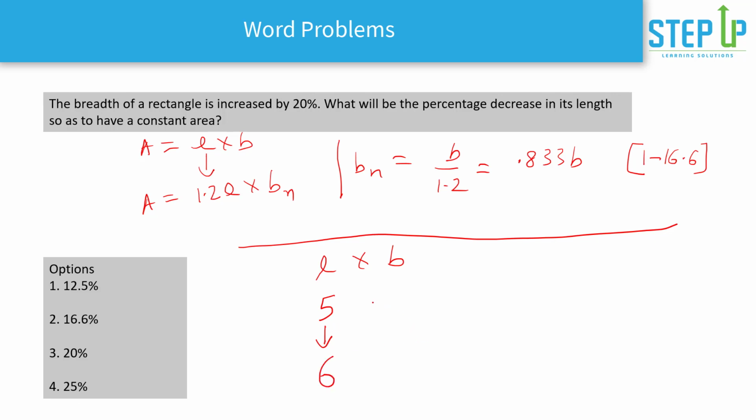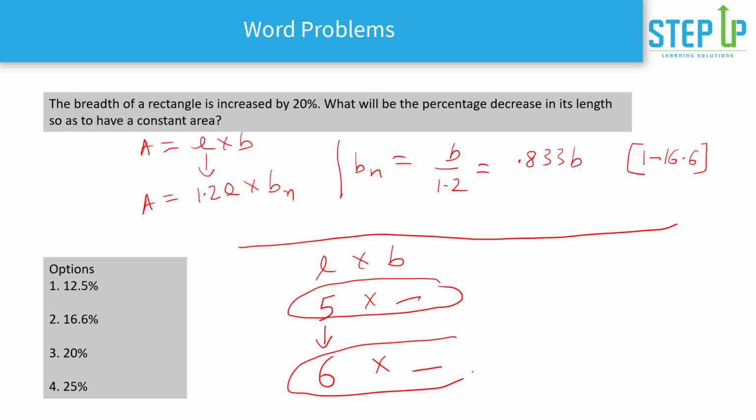Now I know that here the area is constant. That means 5 into whatever your initial breadth and 6 into the new breadth, but this product and this product has to be same. Now for this to happen, using the simple concept of LCM, this 5, what should I multiply here so that this becomes equal, and what should I multiply here? So I'll say 5 into 6, and here 6 into 5, isn't it? 5, 6, 30, 6 into 5, 30.